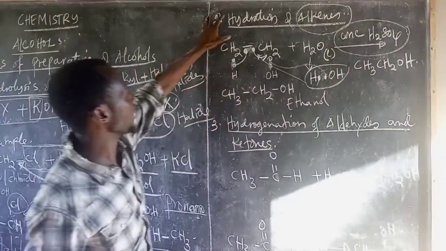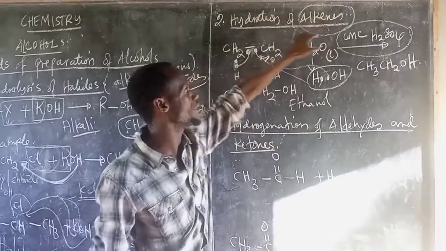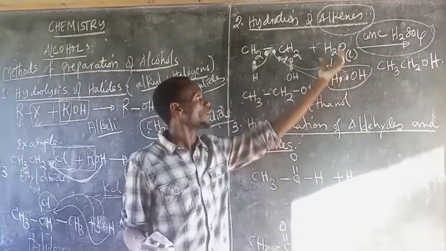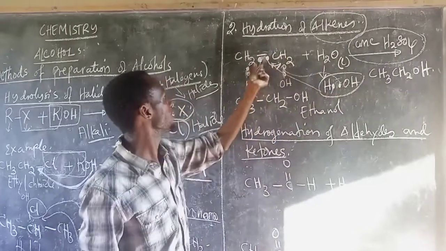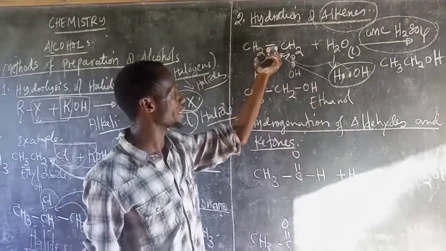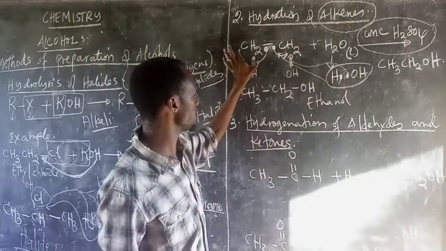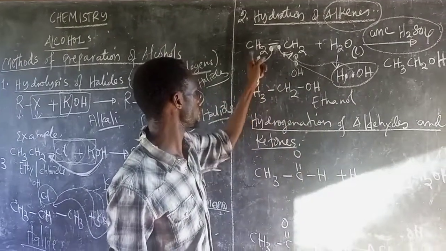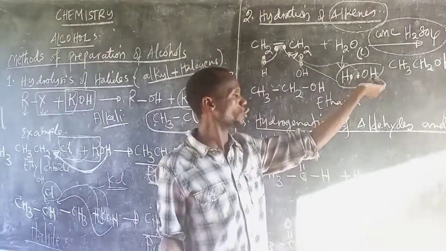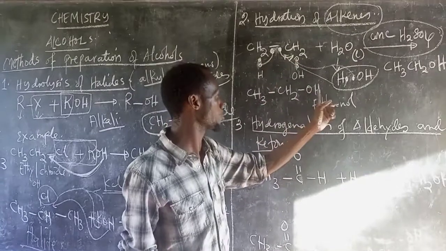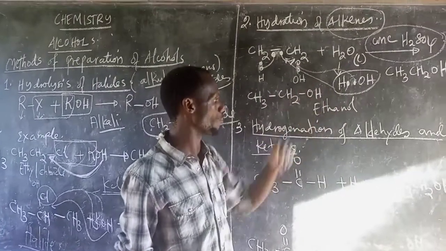That is why hydration of the alkenes produces alcohol. The water attacks the functional group of the alkene: one hydrogen is added here to form CH3 instead of CH2, and the OH group is added here to form CH2 with the OH group, which is the functional group of alcohol.